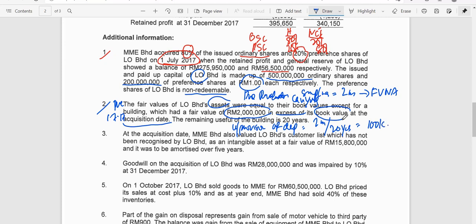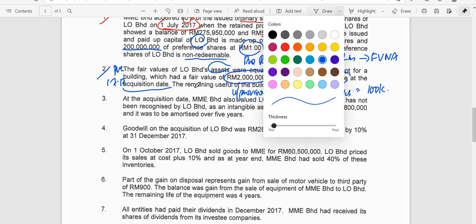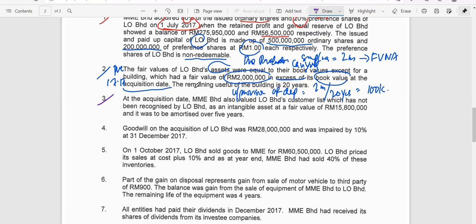And that must be done for the adjustment part of the depreciation, since the asset now is having a fair value which is higher than the carrying value. That was the first one for the adjustment on the fair value. The second adjustment on the fair value is the adjustment for another asset, which is customer lease. So earlier on, the customer lease was not being recognized.